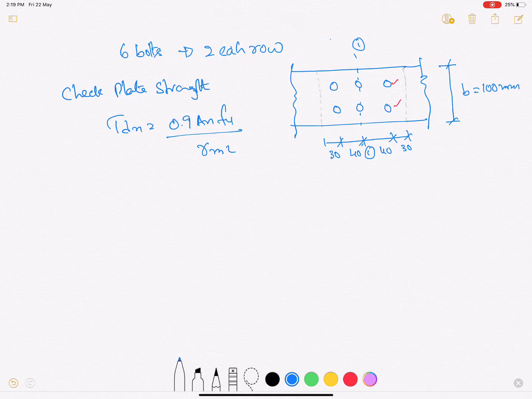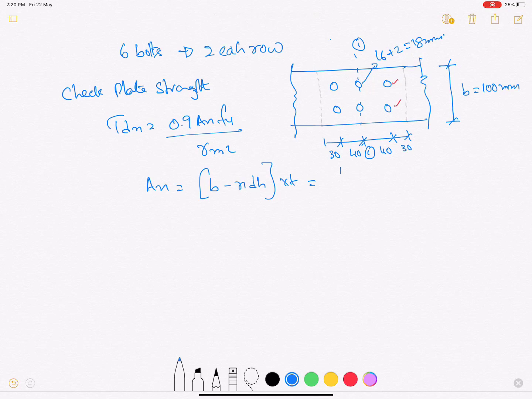So now FU equal to the plate ultimate strength and AN equal to net section area of the cross section. For example, if you take this portion 1 to 1, the AN equal to B minus number of bolts into bolt hole diameter times thickness of the plate. So the bolt diameter is 16 and bolt hole diameter equal to 18 mm.